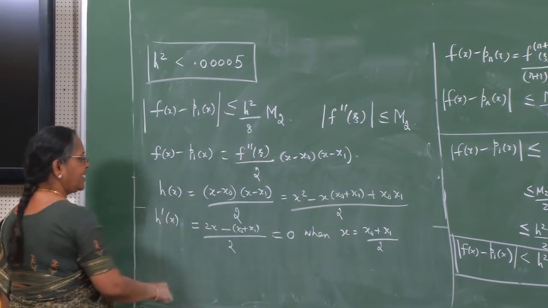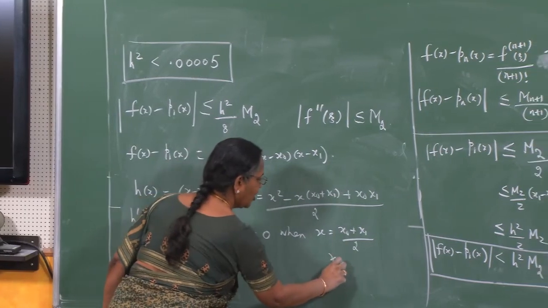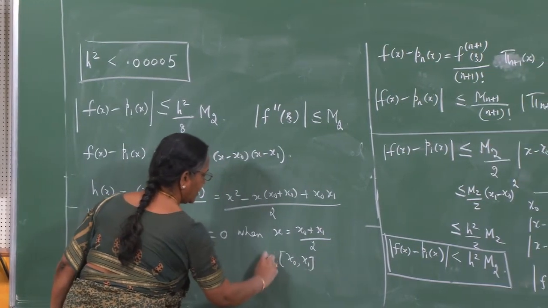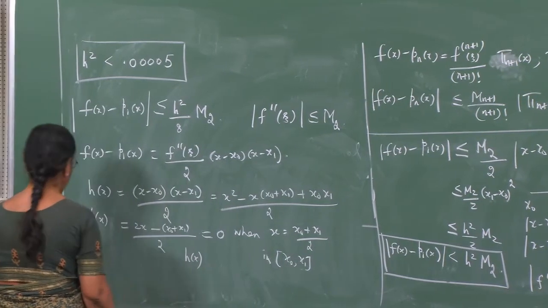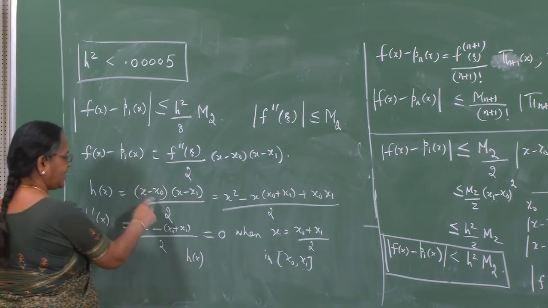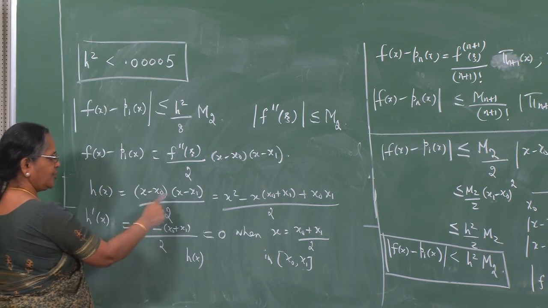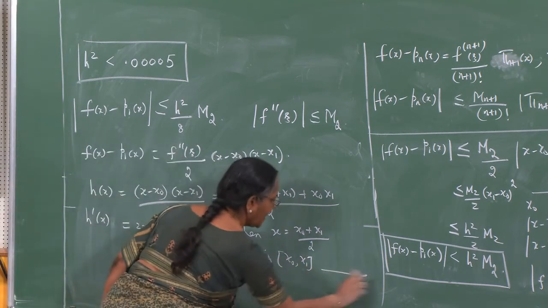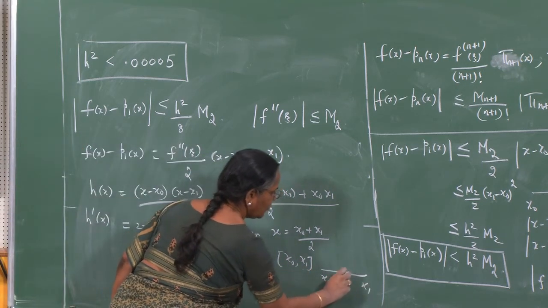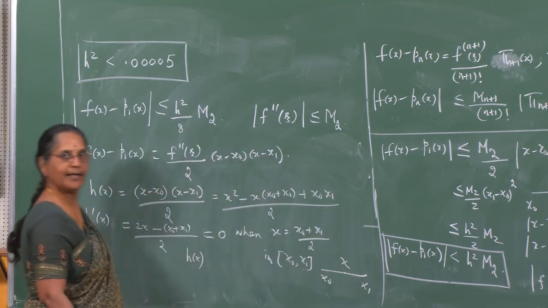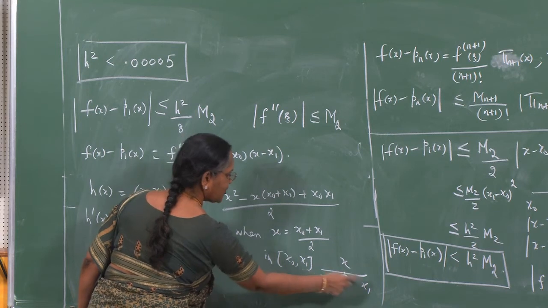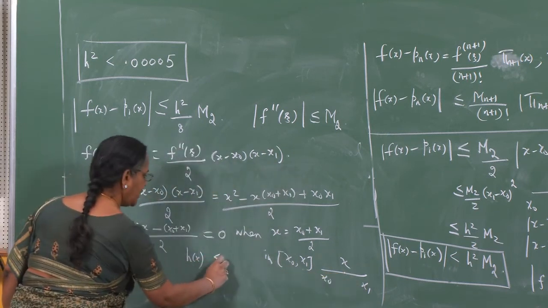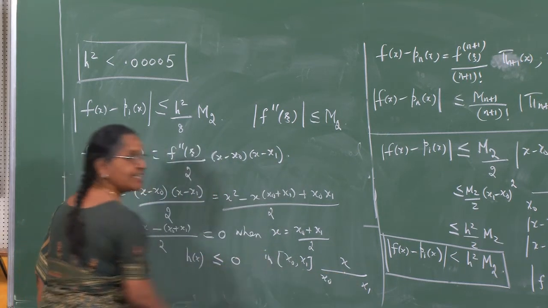And in this interval x naught to x1, I see that h of x is (x minus x naught) into (x minus x1). So, I have the interval x naught to x1, x is somewhere here. So, (x minus x naught) into (x minus x1) is going to be negative in this interval.